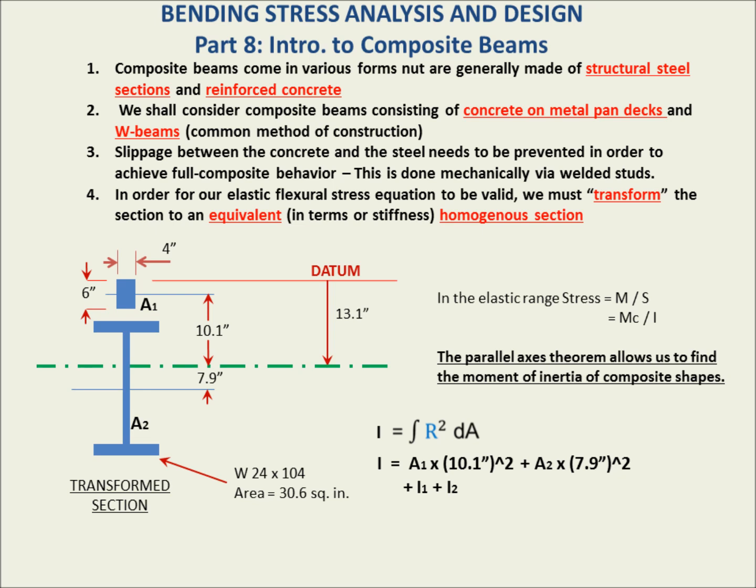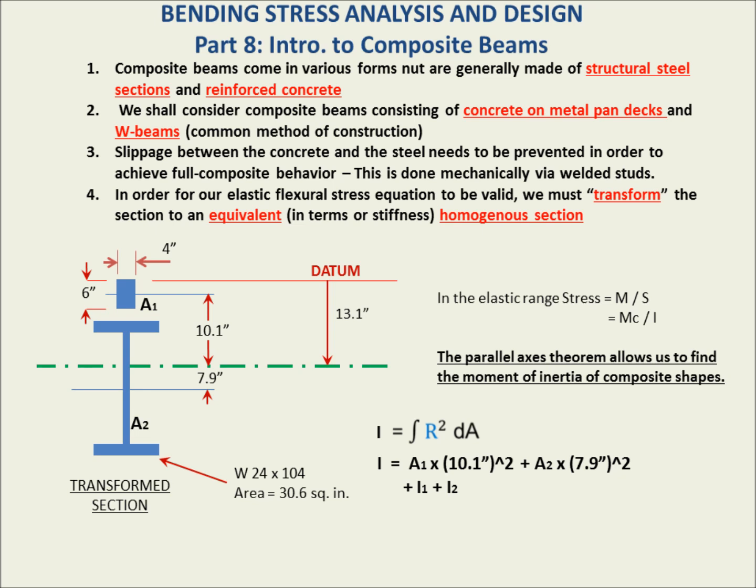For this composite shape to rotate in and out of the page about the neutral axis, it not only needs to rotate about the neutral axis, but each of the composite areas needs to rotate about their own centroidal axis. So there's an energy associated with that, a moment of inertia associated with that, which we can determine by integrating, but which we already know for these common shapes.